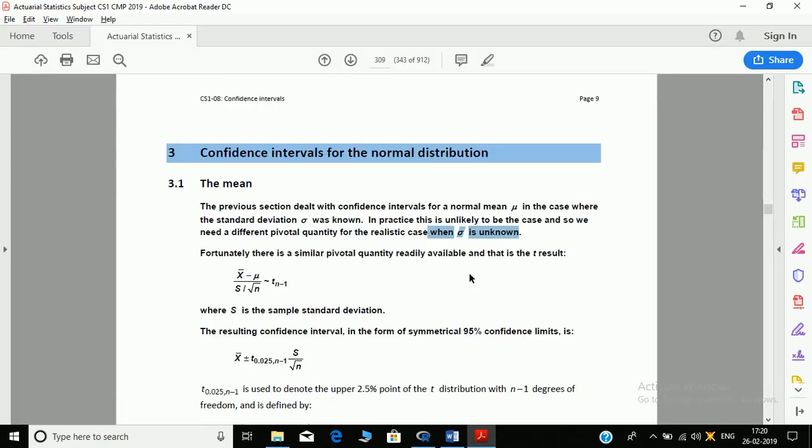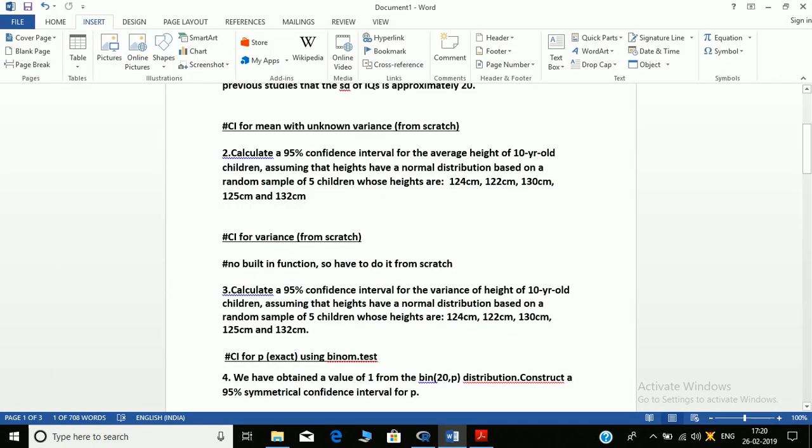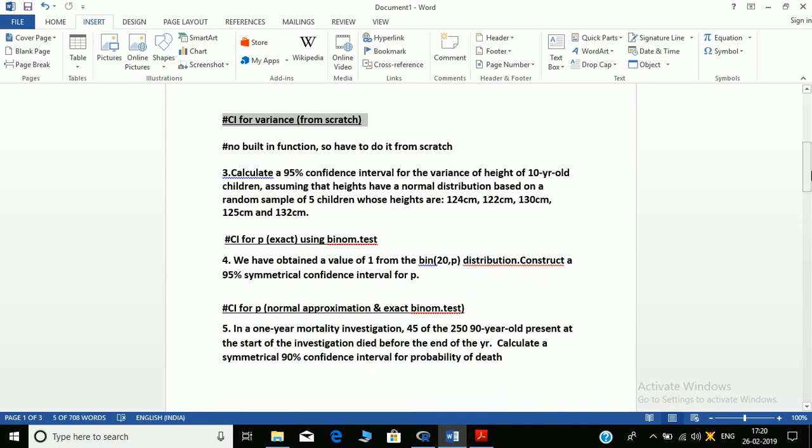Next, moving on to CI for variance. Again, for variance there is no built-in function, so we have to do it from scratch.